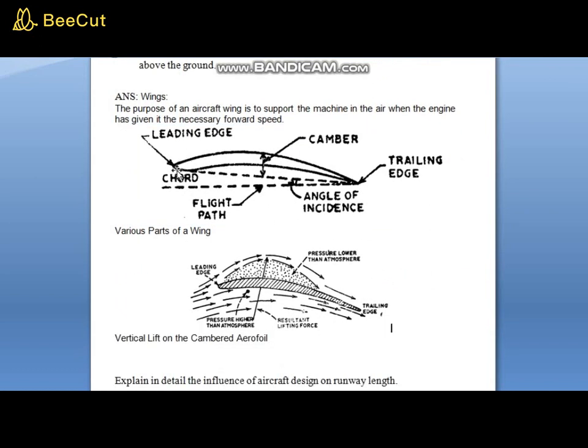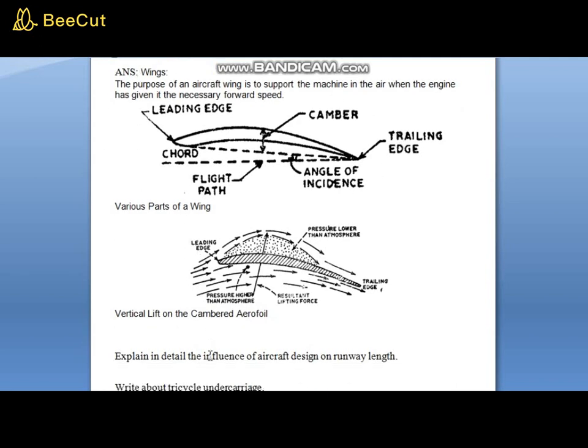This is nothing but leading edge, trailing edge. This is nothing but camber. This is how we draw the aerofoil. The straight line is nothing but flight path, and this is the angle of incidence. By this phenomenon, what happens?